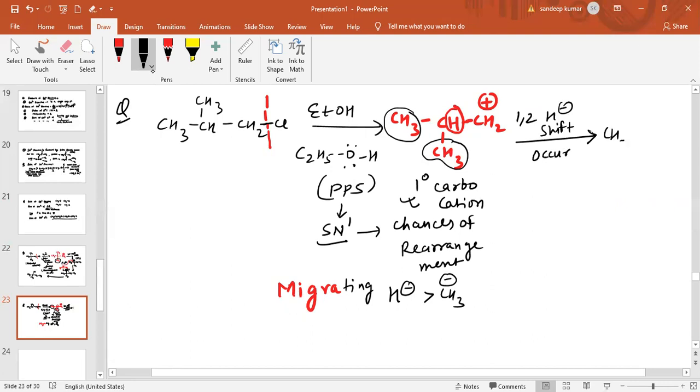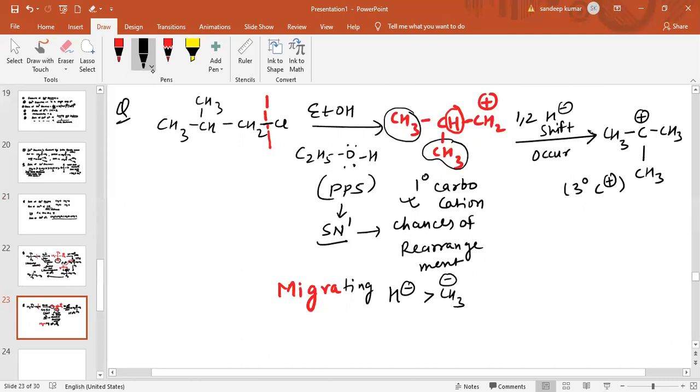The carbocation obtained after the 1,2 hydride shift is CH3, C positive, CH3 and CH3. So this is a 3 degree carbocation, the most stable carbocation.